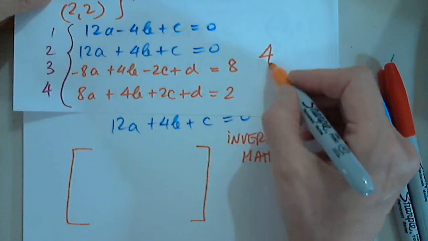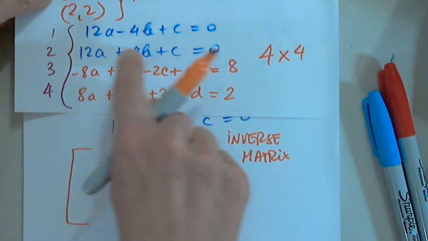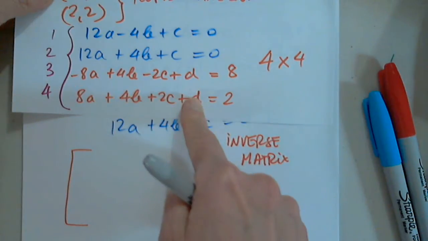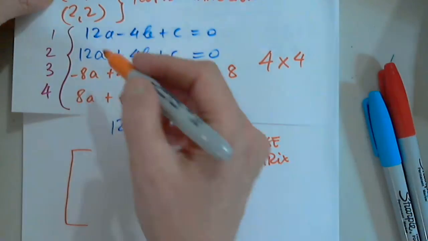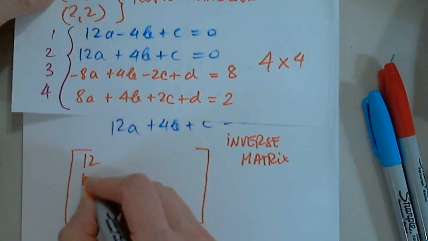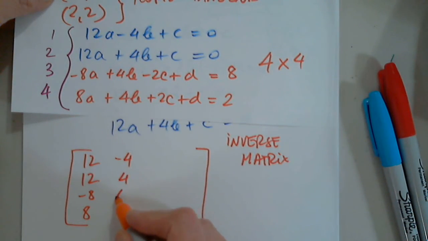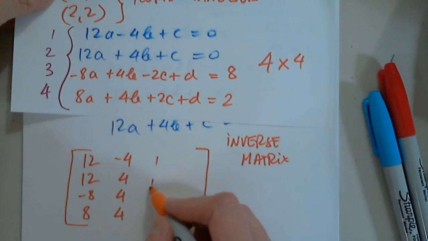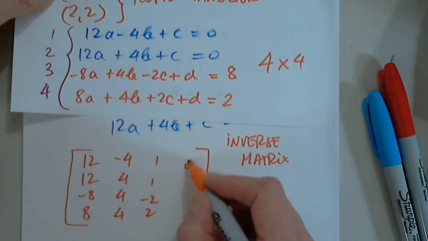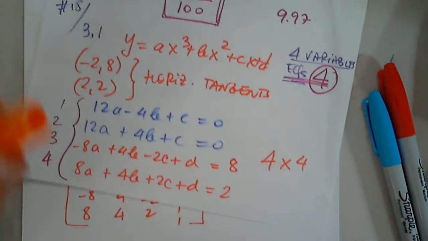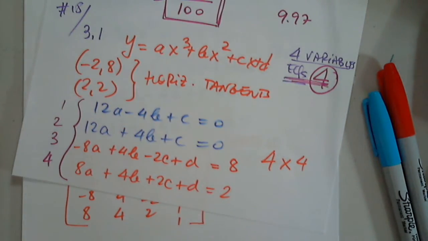This is a 4 by 4: 4 equations in 4 variables. So 12, 12, negative 8, 8, negative 4, 4, 4, 4, 1, 1, negative 2, 2, 0, 0, 1, 1. We're going to enter this matrix. I'm going to share my screen and go to the calculator.